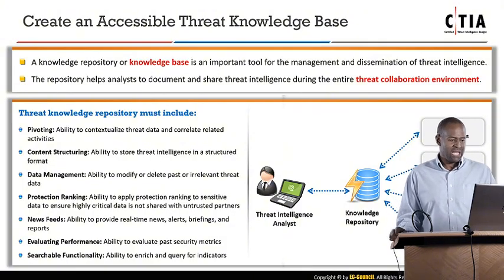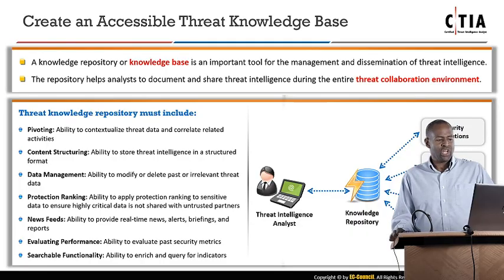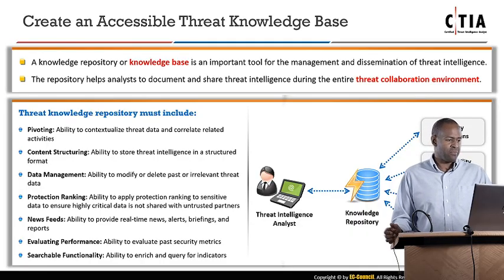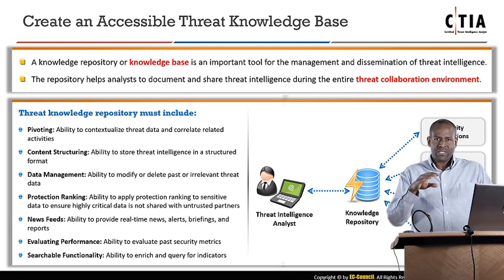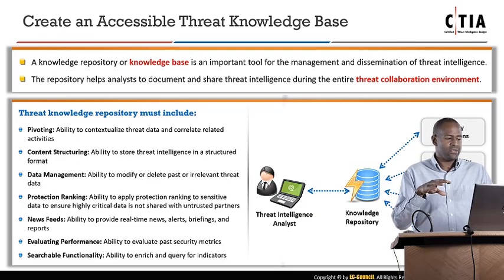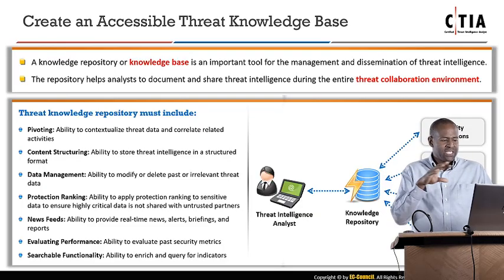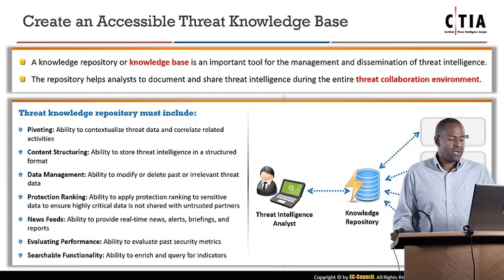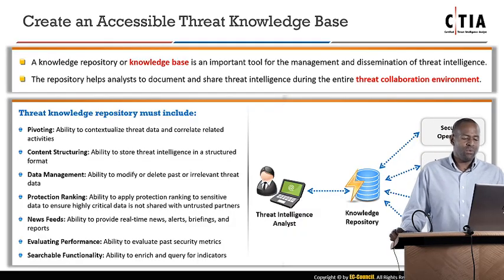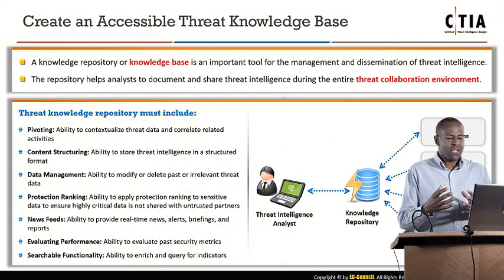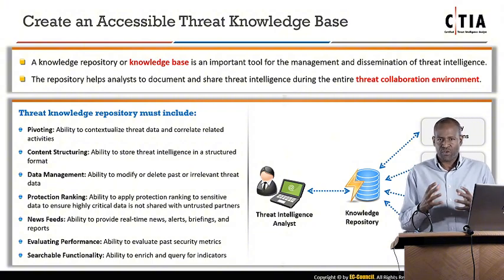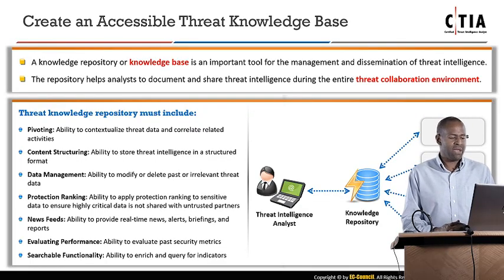And so what's going to be included in that knowledge repository? Things like pivoting, right? We want to take the threat data and all the activities and contextualize it. Content structuring: we want to store our intelligence in a structured format so it's easy to use and manage.